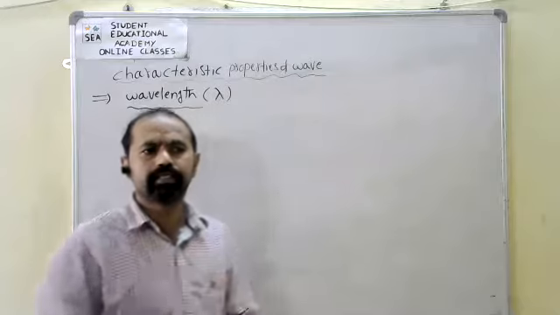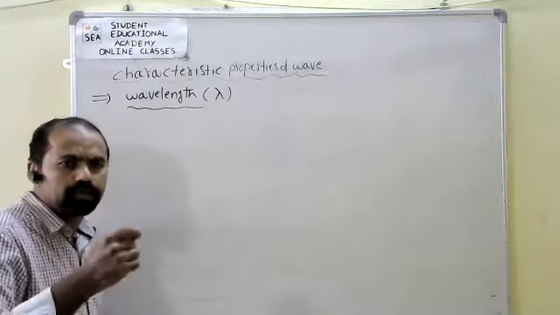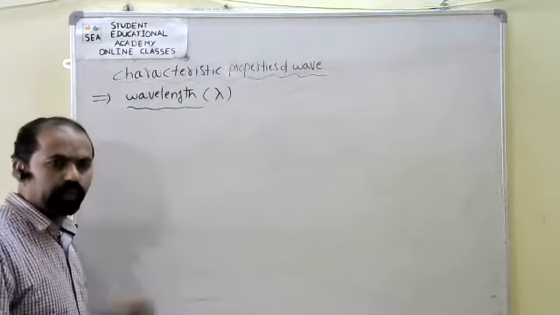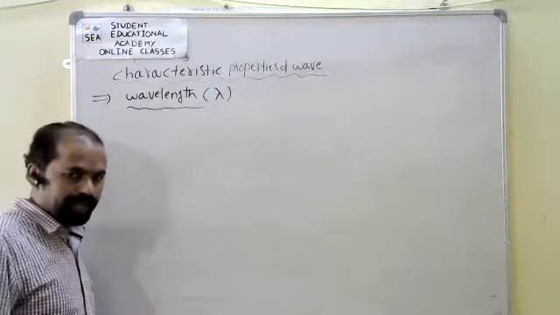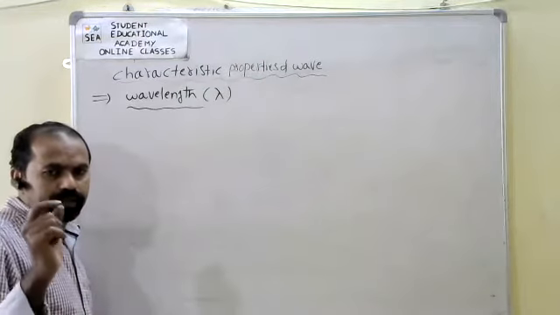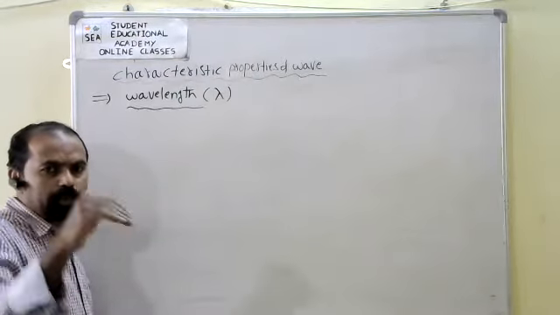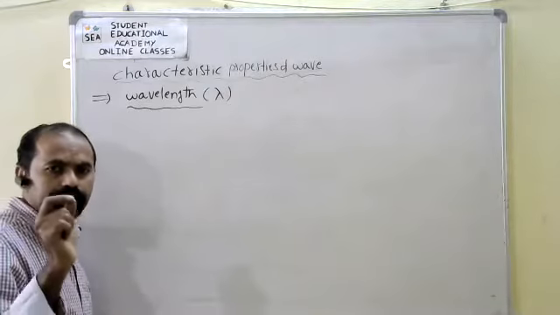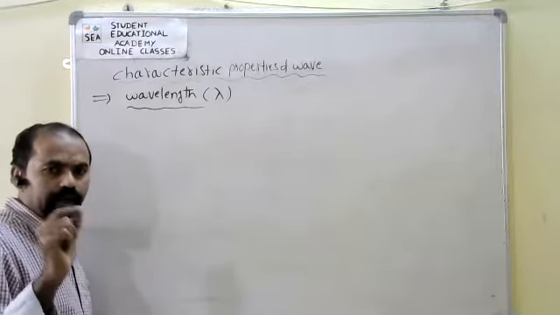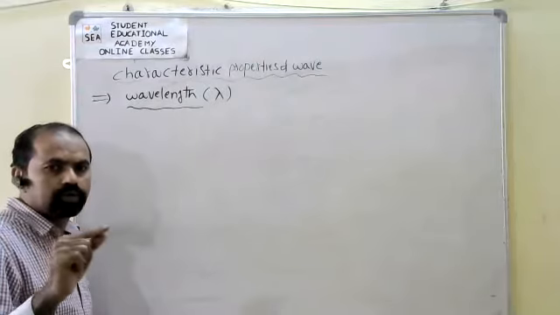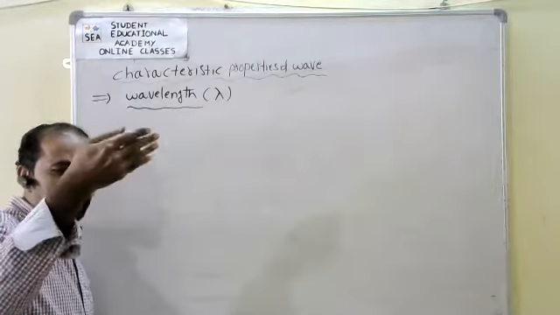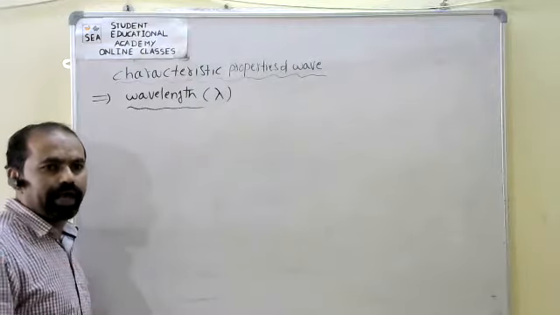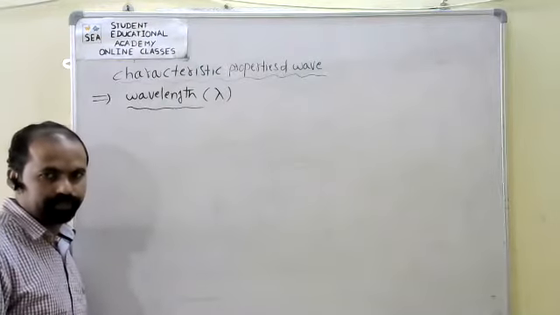The distance between two similar points in a wave is called wavelength. In an electromagnetic wave, the distance between any two consecutive crests or troughs, that is known as wavelength.